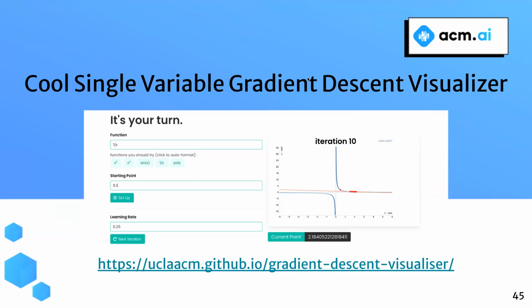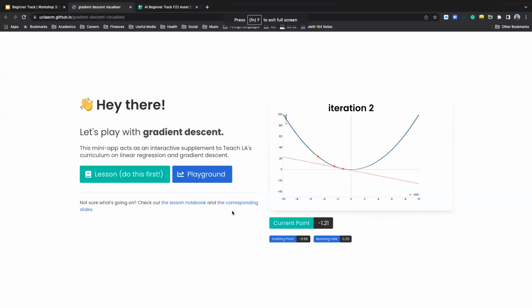I guess also one other cool thing I wanted to show is this single variable gradient descent calculator. If you want a nice visual on gradient descent, this gives a good idea. It starts here and then it goes down, as you see.